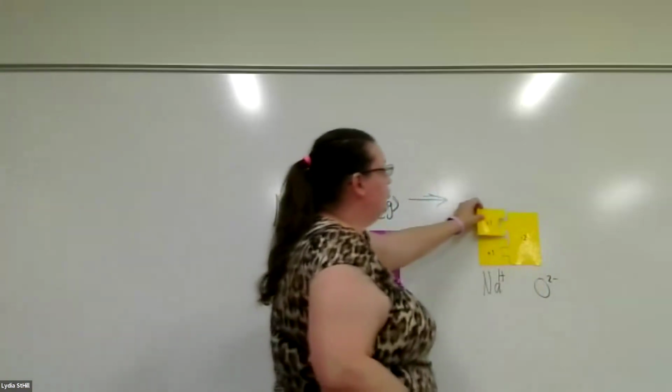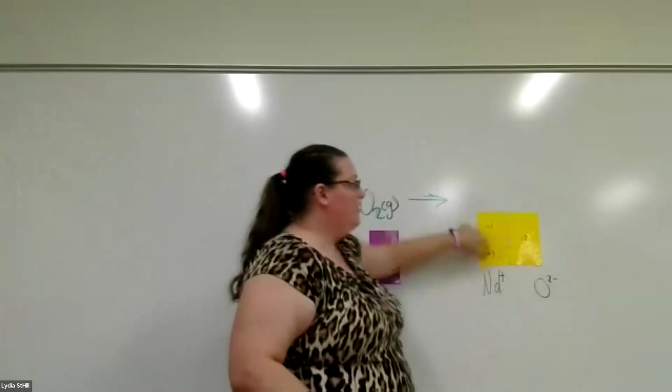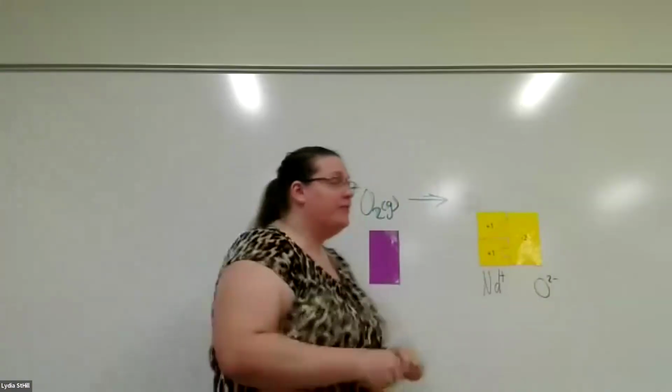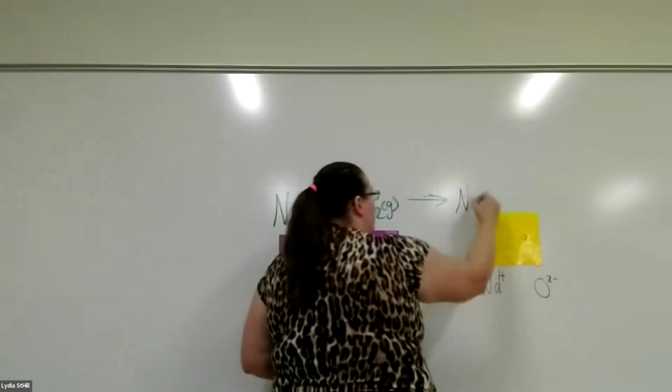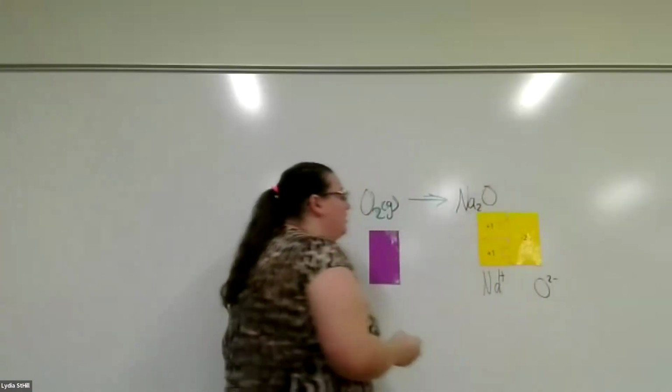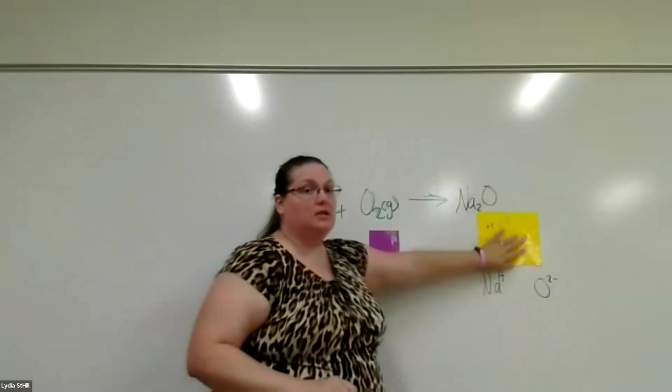So when we balance our structure, that means that we need 2 Na to 1 oxygen. And so we're able to write the product now as Na2O, and we know that that is going to be our product.